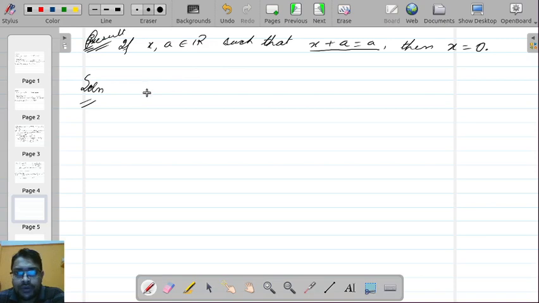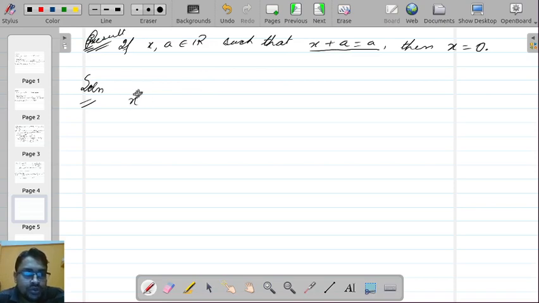So we can write x plus a is equal to a. What we can do is use the properties of additive inverse.